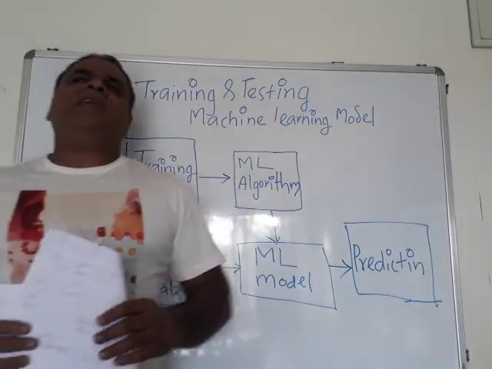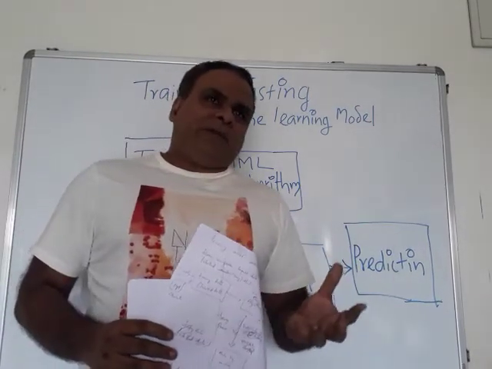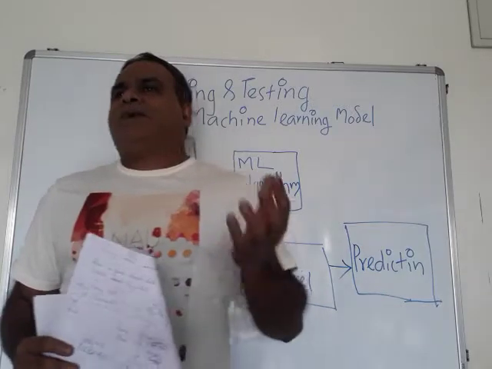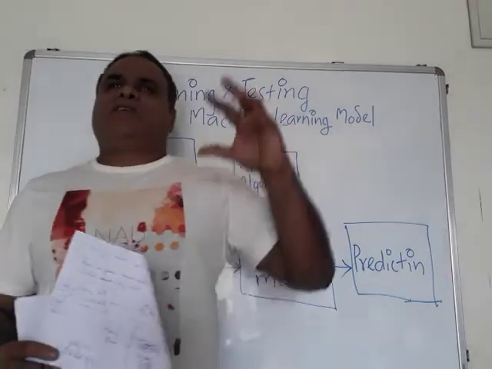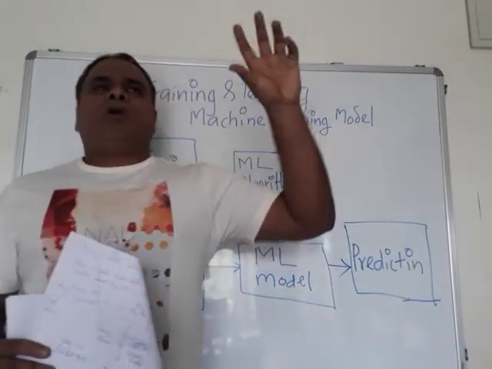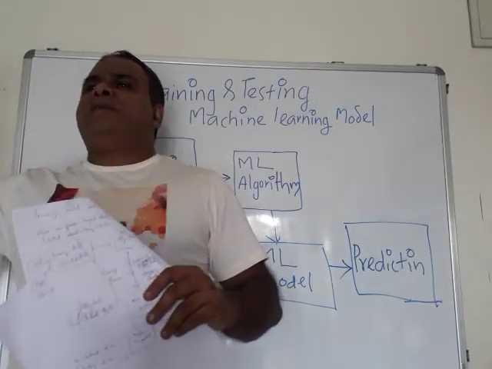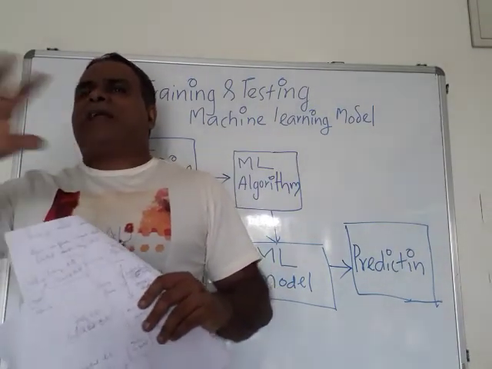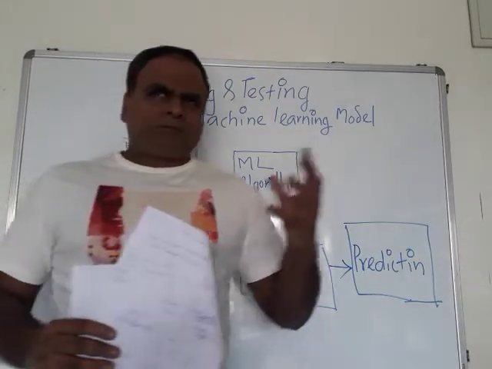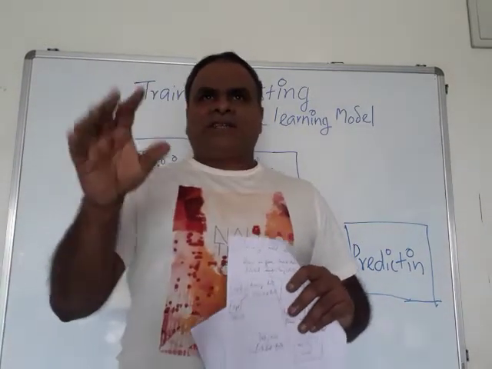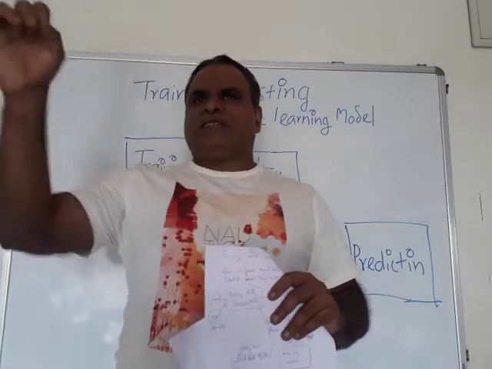What does it mean? For example, you have photos of animals like horse, tiger, lion, cat, everything. But it's not written whether this is a horse or a tiger.